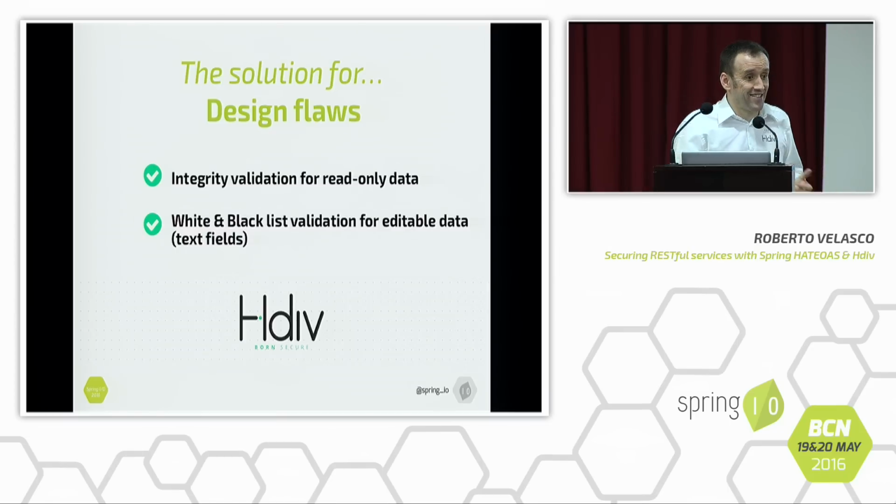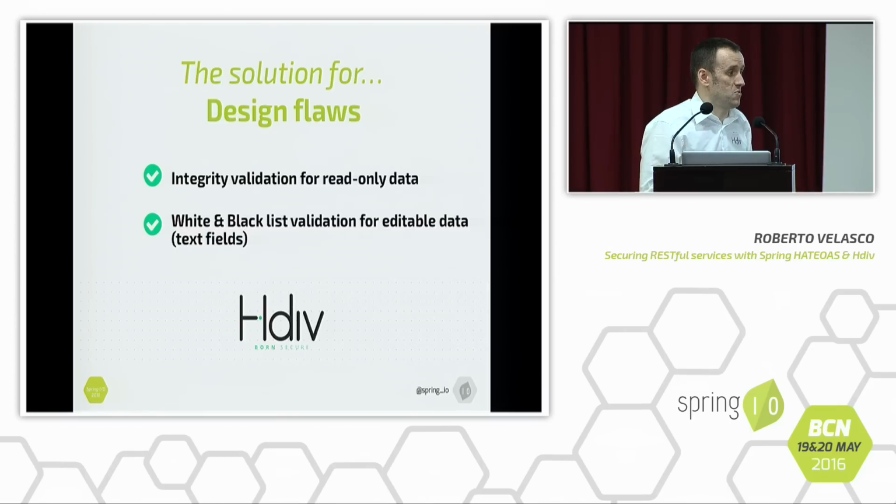We saw in the previous demo that they can do it. So the first rule in security is don't trust the client. Using HATEOAS and HDIV, we can validate by default between 90 and 95% of the data, because when we are browsing an API, most of the data is read-only data.